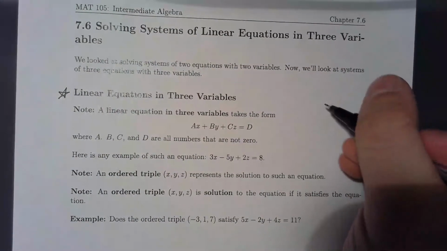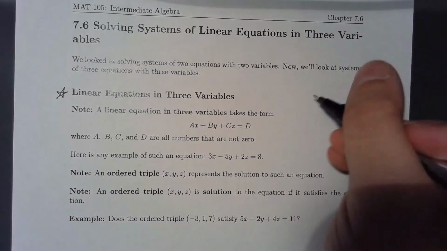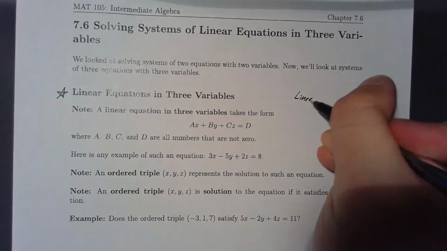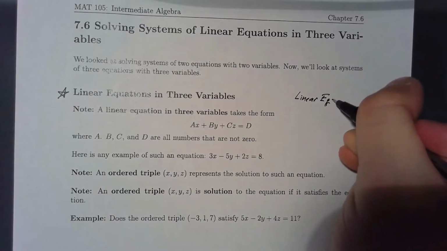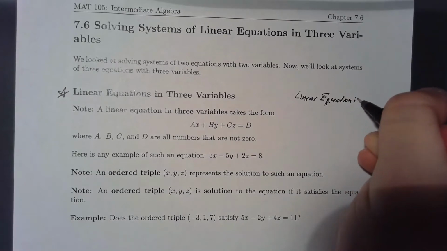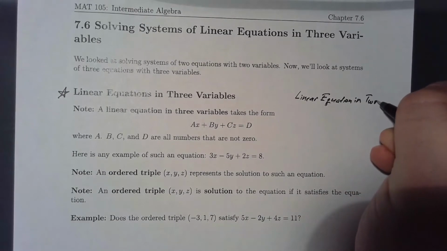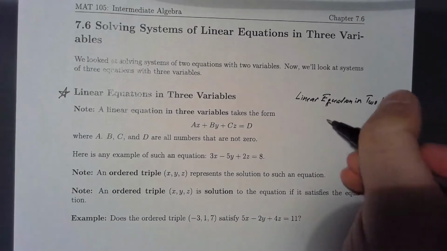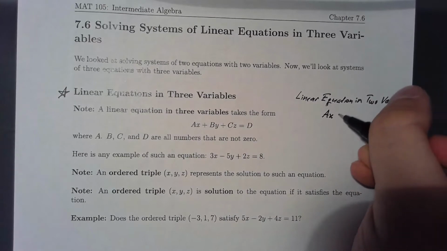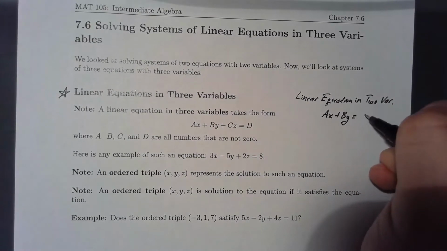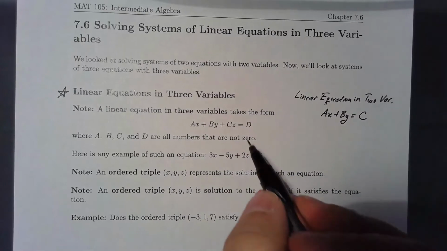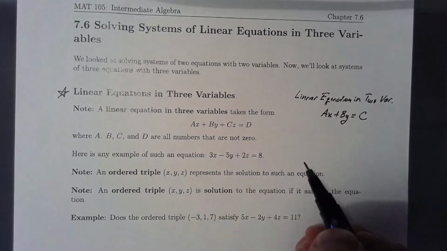A linear equation in two variables looks like this a little bit, but now we're just adding on a cz term.